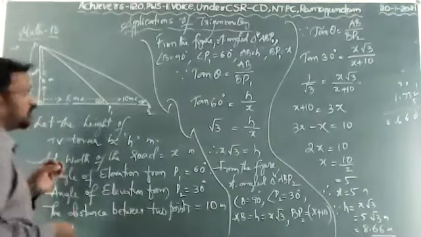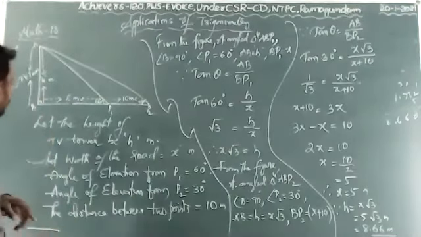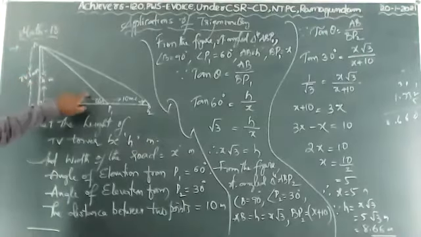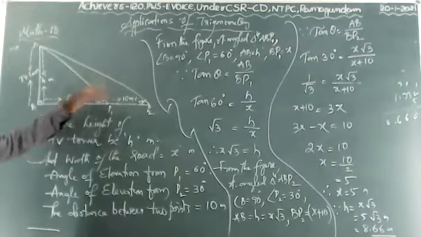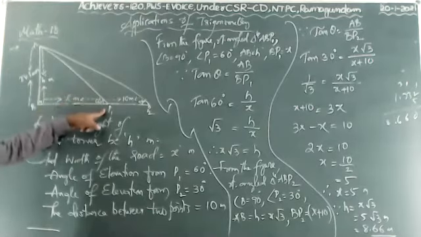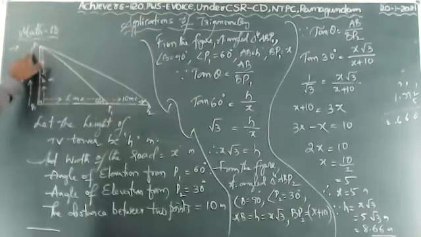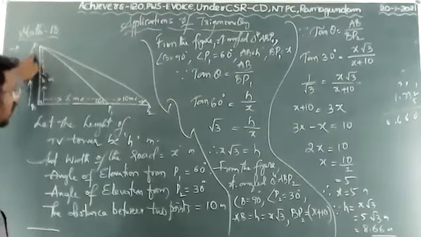Once again, I will explain very briefly. He is saying that a TV tower is placed vertically beside the road. From one point, opposite the tower, the person is observing with an angle of elevation of 60 degrees.